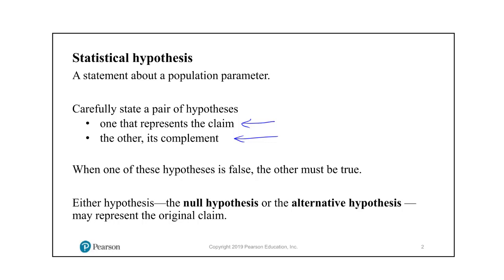All right, so the hypotheses are going to be called the null hypothesis and the alternative hypothesis. One of them is going to be the claim, and the other is the other half of the situation, not the claim. All right, so let's see how this works.